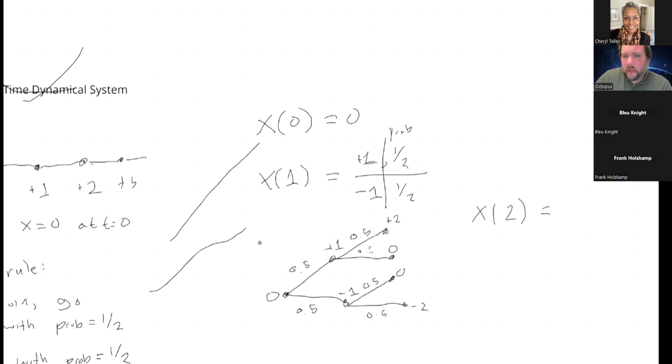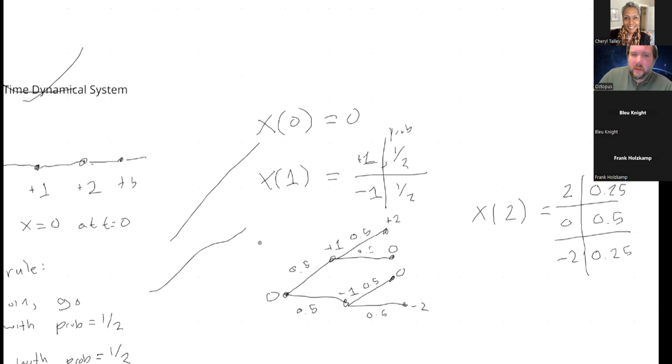So now for x of 2, again, it's a probability distribution or a random variable, where there's a 0.25 probability or 25% chance that I'm at positive 2. There's a 0.5 probability that I'm at 0, and there is a 0.25 probability that I'm at negative 2.